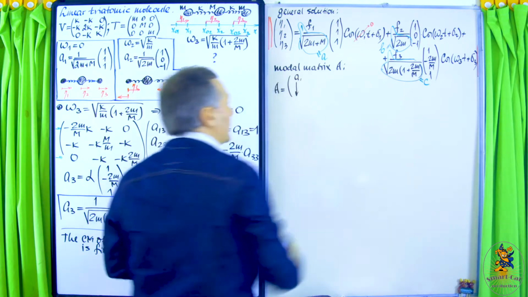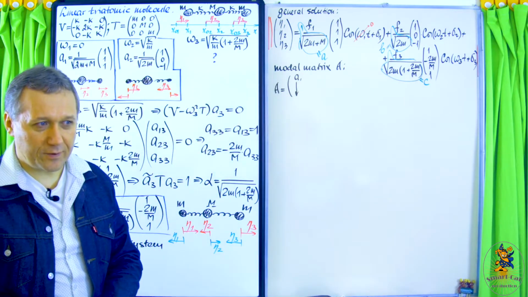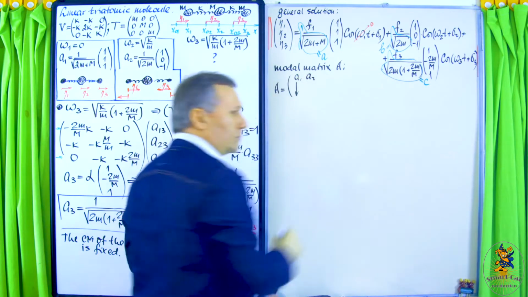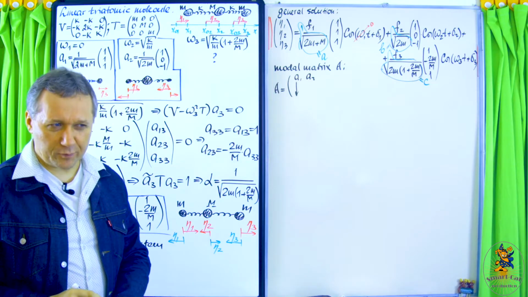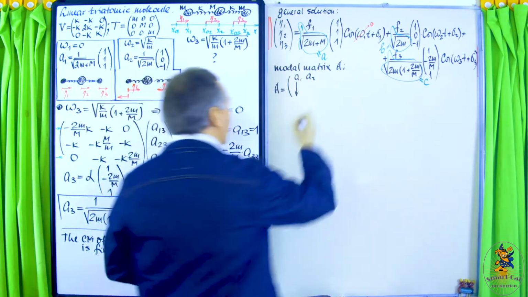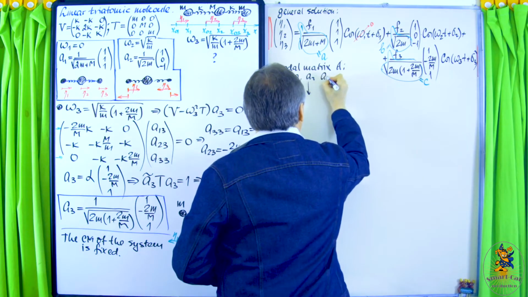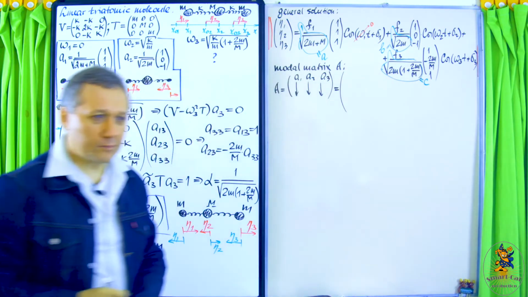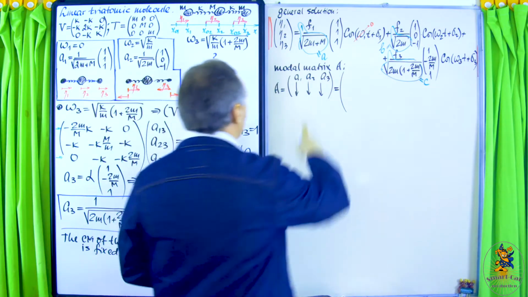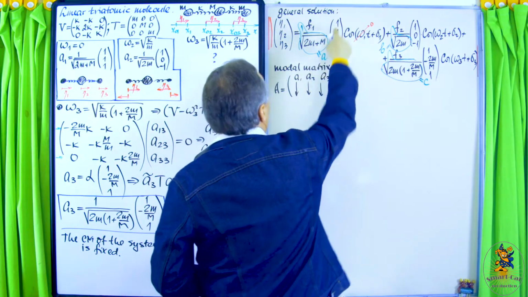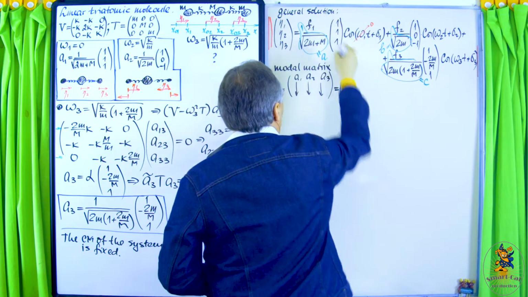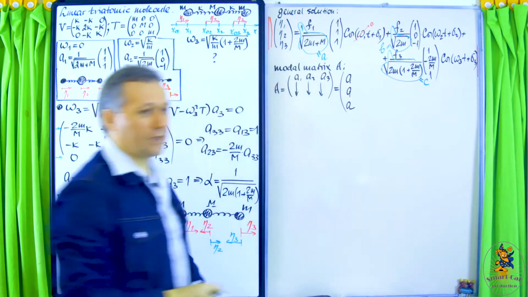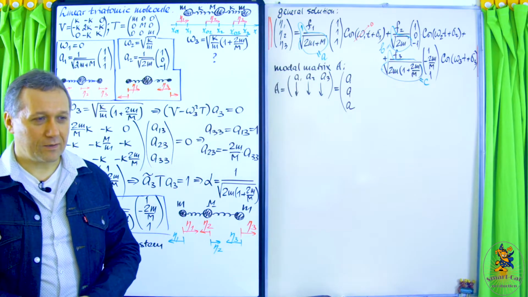You take the first eigenvector, position it as the first column, then the second eigenvector, then the last eigenvector, and position them as columns. So the first, it will be this constant A. So that's what I can get as a first column.